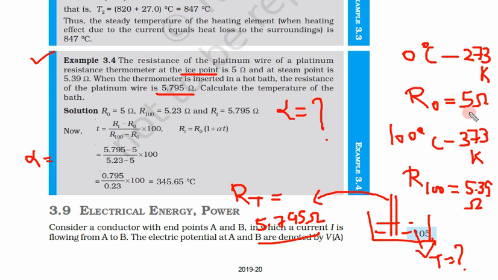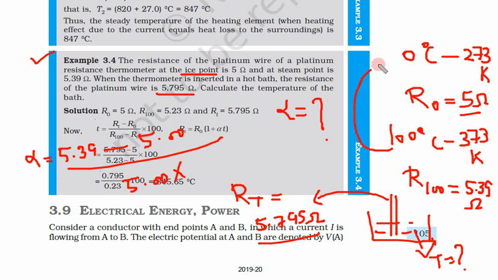The change in resistance is how much? 5.39 minus the initial resistance 5 ohm, upon the initial resistance 5 ohm, divided by the temperature difference. What is the temperature difference? 100 minus 0. So the temperature difference is 100.